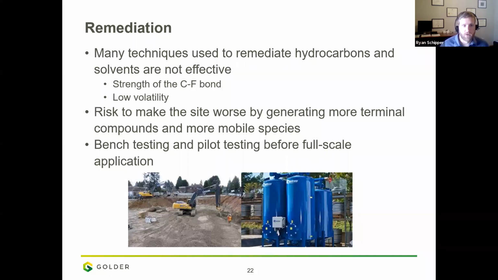You also have the potential risk of making the site worse by generating more terminal compounds from those precursors and or more mobile species that could migrate off the site if we're looking at groundwater. Bench testing and pilot testing are usually recommended before any full-scale application.